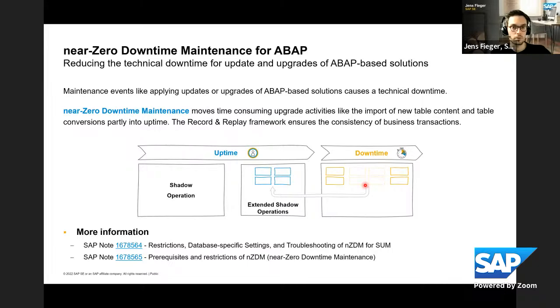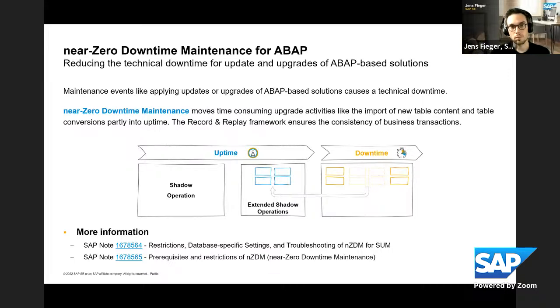So imagine you come from S/4HANA 2020 and you go to S/4HANA 2021. There are particular changes happening on the table, and we say these particular changes should be carved out from the downtime and moved over to uptime. That also means we have to make sure that a business user that still works on the source release can't see any change that comes with the target release.